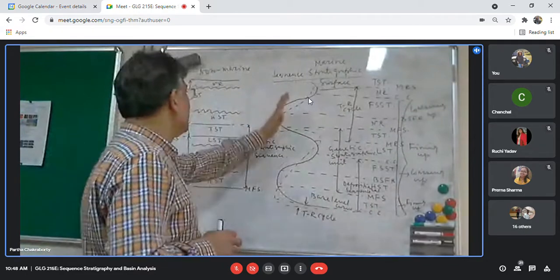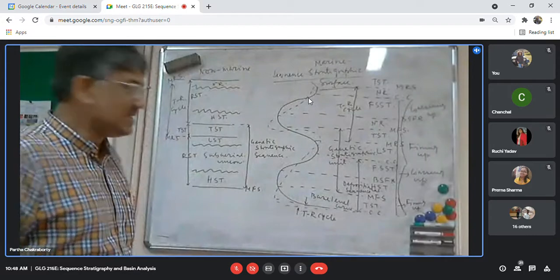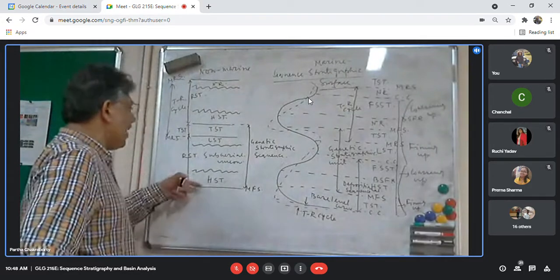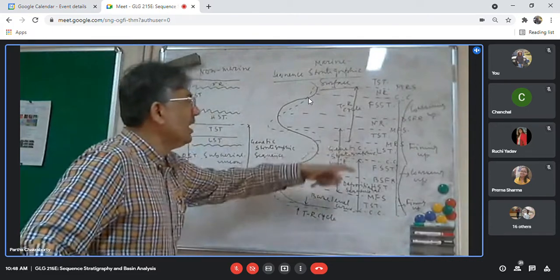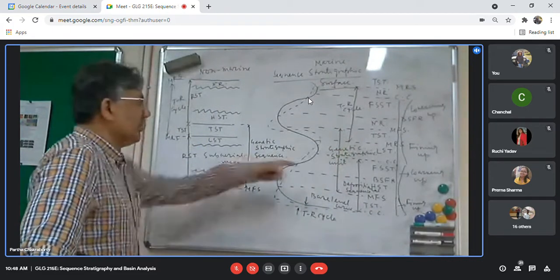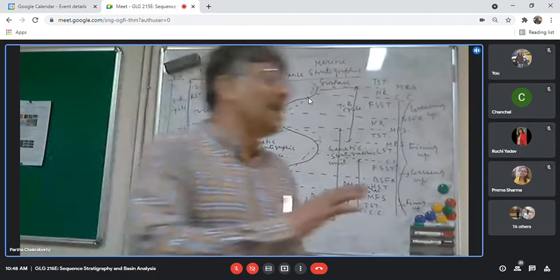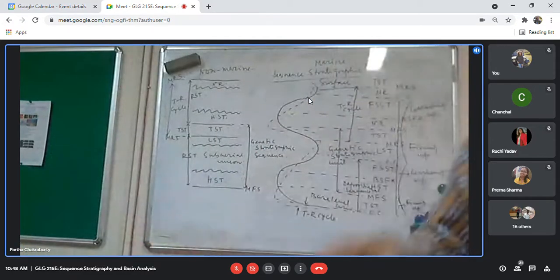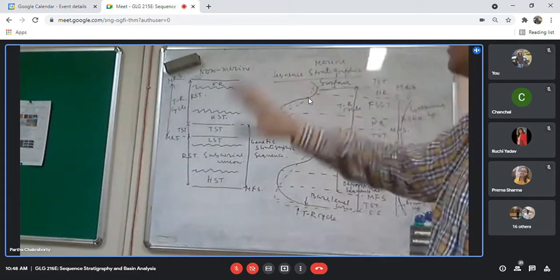Now here you are getting to a non-marine system. In the non-marine system, what will you get? You will get an HST, but the entire interval from PSFR to what they call the CC is a total subaerial unconformity. There is a total RST, that means the whole thing is a subaerial unconformity.